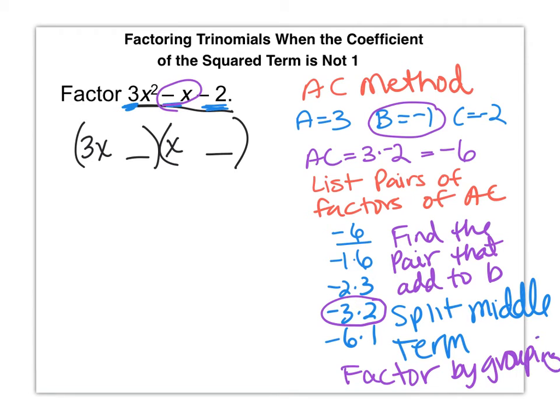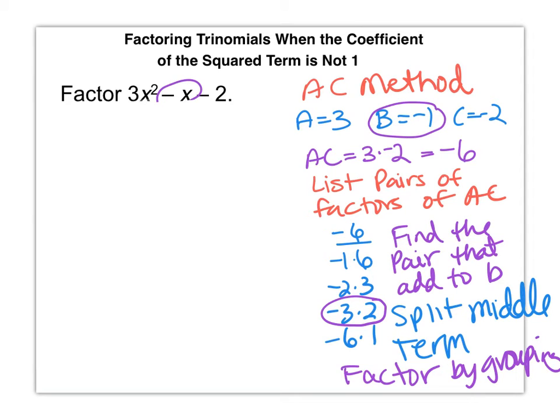So again, this is an alternative to the guess and check. So rather than use this method, I'm going to erase this guess and check method here and use the AC method to factor this trinomial.